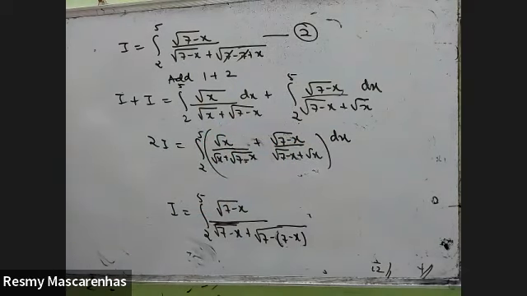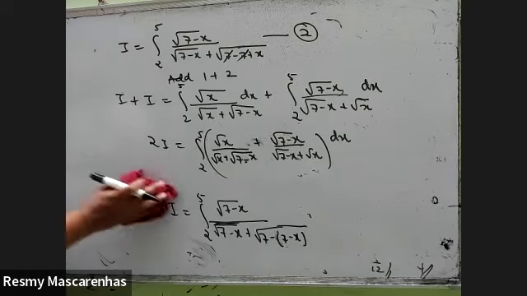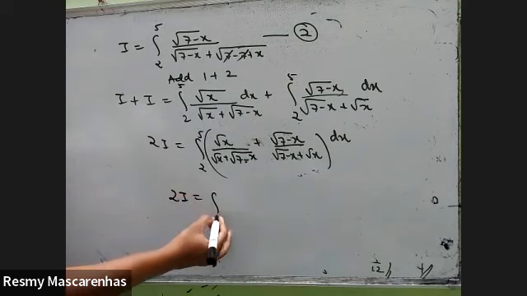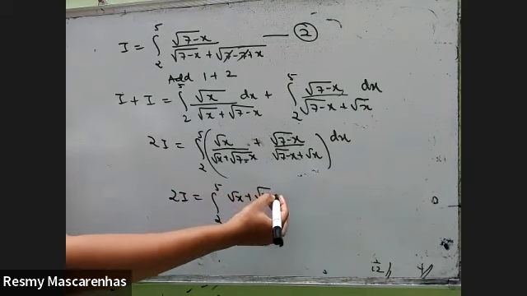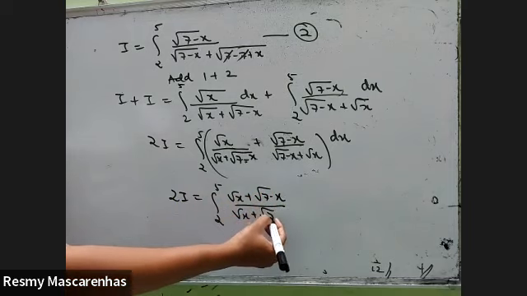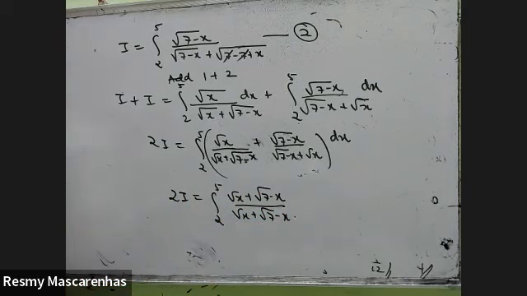Then bring them together, they will cancel out each other. Then will cancel and give it as one only. Same denominator.